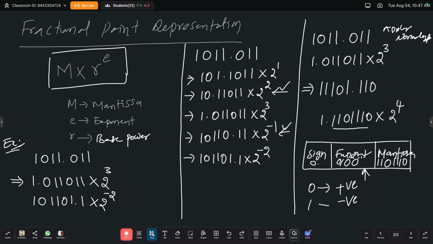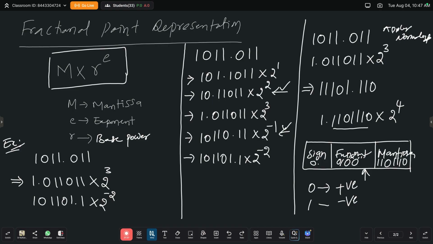Exponent. We are moving from right to left, maybe you are getting positive. Maybe because of the number, there is a scope that you are going to move from right to left. So the exponent may be negative. If the exponent is negative, how to represent it? Exponent positive, easy. Exponent negative, again a problem. Are you following? First problem, multiple representation. To avoid it, apply normalization.